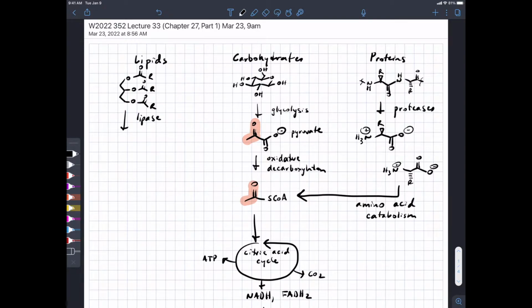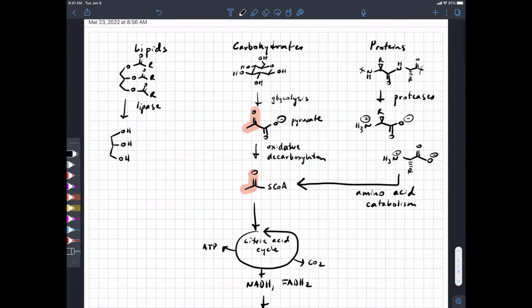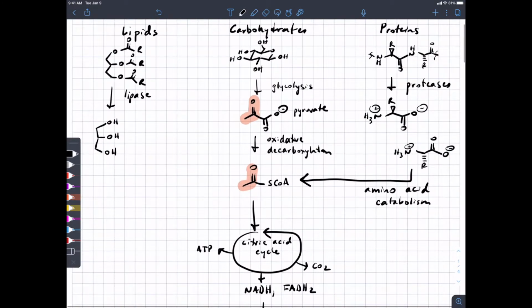You have an enzyme called lipase, or various lipases, that hydrolyze the triglyceride into glycerol and also fatty acids. There are 3 fatty acids per triglyceride, and they don't have to be all the same.